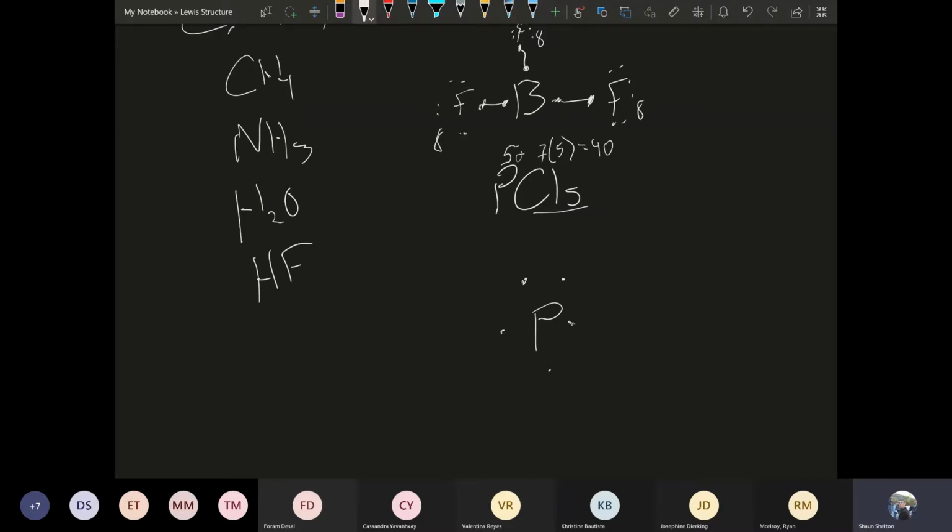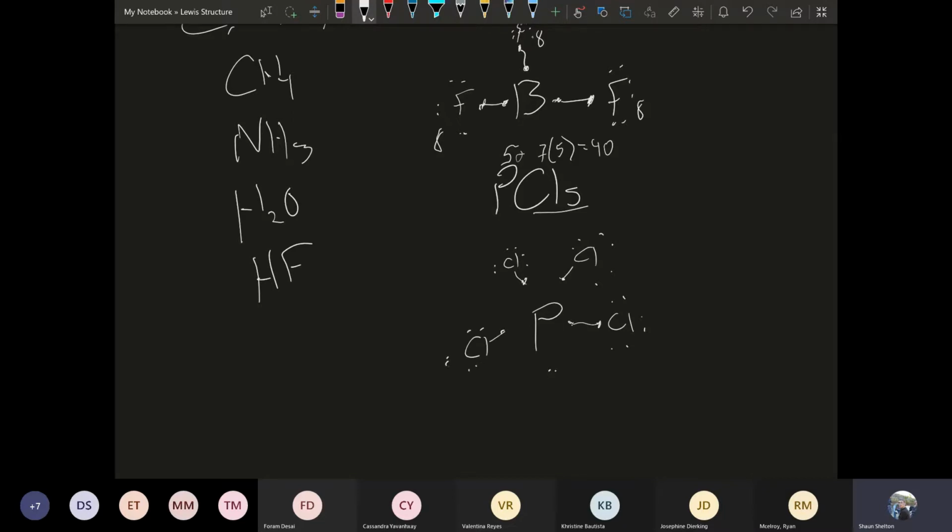You'll never see the 2 chlorines bond together like that. That's not going to happen. What you'll see is the chlorines bonding around the phosphorus utilizing the 5 free valence electrons that the phosphorus has.